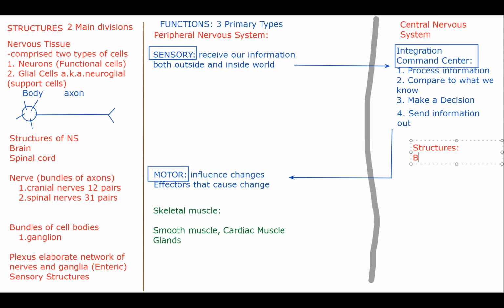Exactly, the brain and the spinal cord. Those are the structures of the central nervous system, and therefore the rest of those structures, the nerves, the ganglion, the plexus, etc., all the rest of those things fall in the peripheral nervous system.